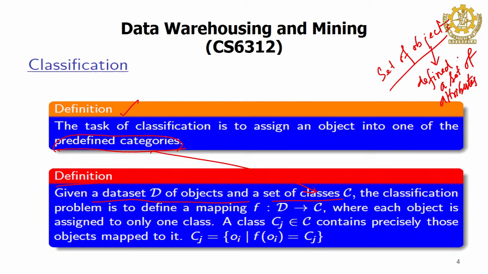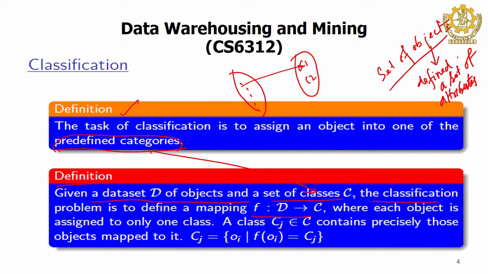The task is to find a mapping, a function. Let us say you have a data set here, a data point here, and then we have classes, class C1 and class C2. What is the task? We have to assign this object into any one of the classes.